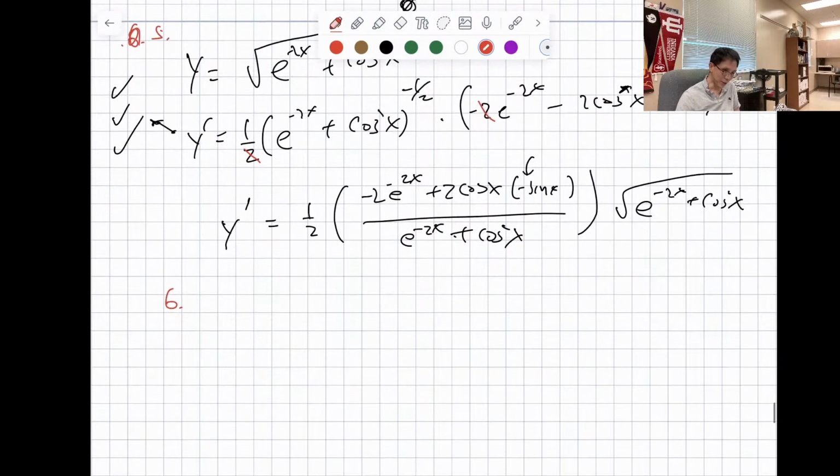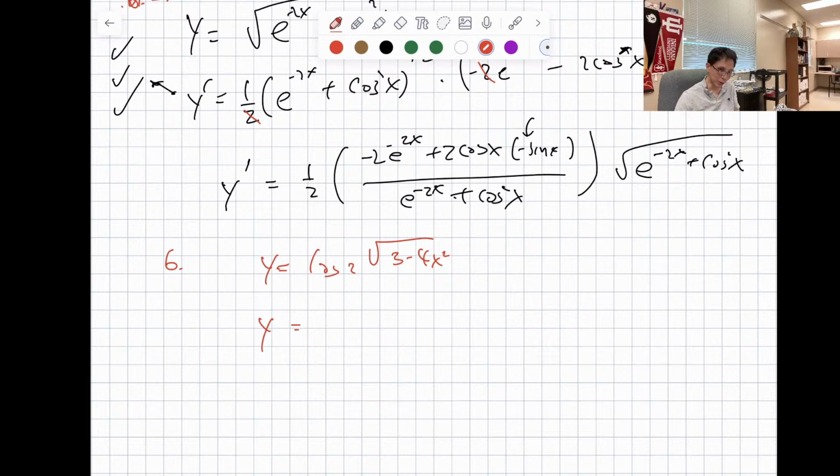All right, question 6. y equals log base 2 of 3 minus 4x squared. It's actually a very easy question. If you do the change of base formula, y equals natural log of 3 minus 4x over natural log of 2, and this is 1/2.